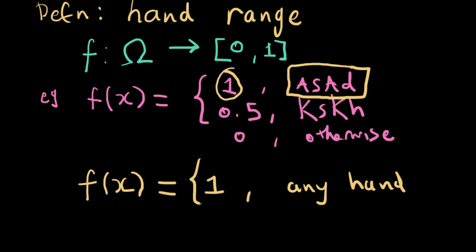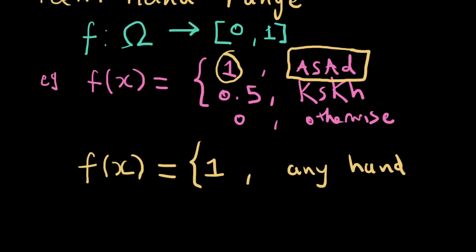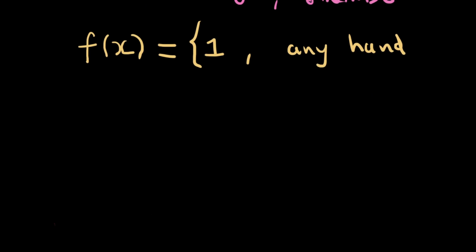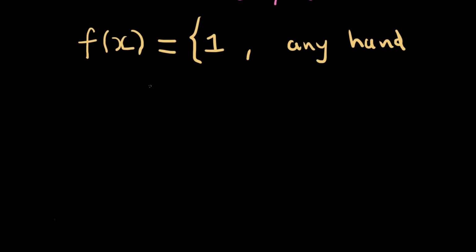So basically any hand that you're dealt maps to the number 1. This is the starting hand range. Now, one interesting thing that we can do with this particular type of function, the hand range function, is we can determine its size.